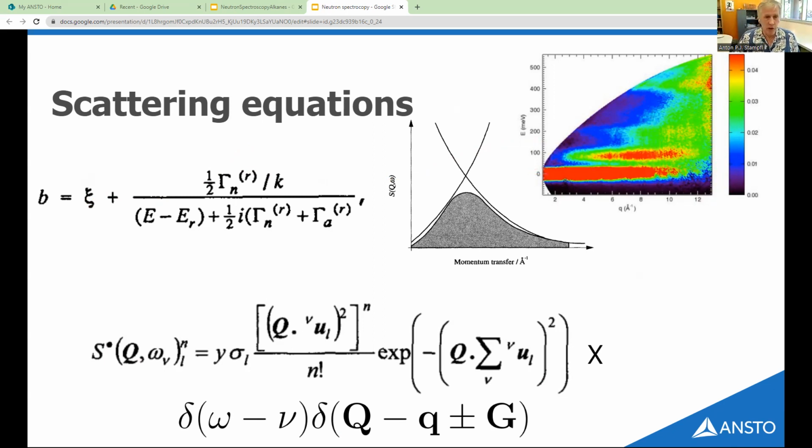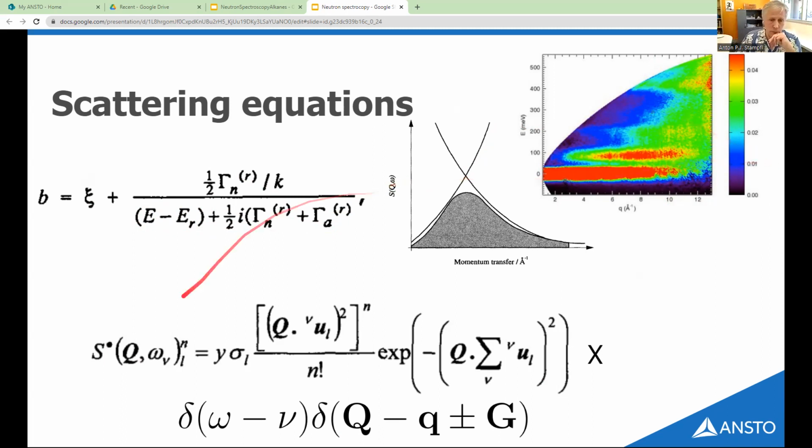This is the lifetime, the full width half maximum, of the actual resonance itself, of the neutron. So there's a scattering resonance, and then there's also an absorption resonance that comes into it. And this is the incident energy, and this is the resonant energy. And it's the resonant energies that we see in our S(Q,ω) that we measure.